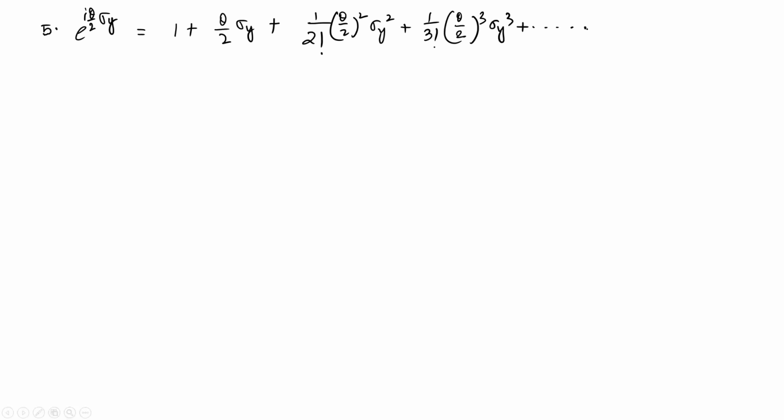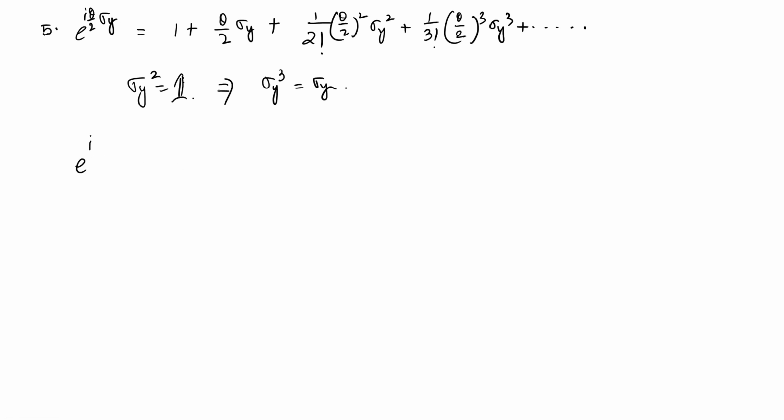Now remember that sigma y square is equal to 1, the identity matrix. That tells you that sigma y cube, or any odd power of sigma y, is simply equal to sigma y, and even powers of sigma y are free from sigma y, because sigma y square is equal to 1.